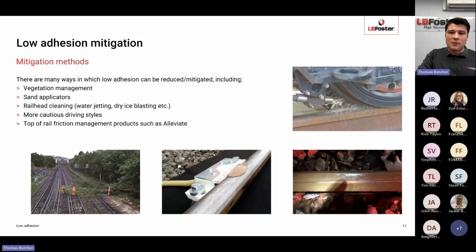Railhead cleaning can take the form of high pressure water jetting, dry ice blasting, and the use of chemical cleaning agents. There's also a change to the driving style of the train drivers, who are given adhesion forecasts to advise them on how cautious they need to be each given day.